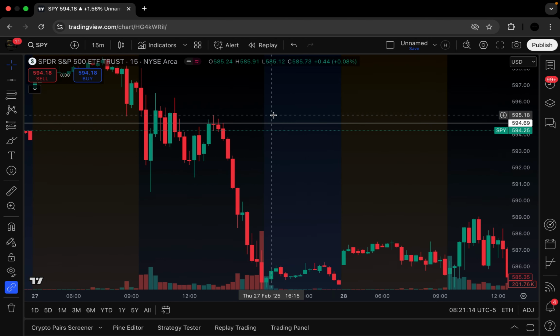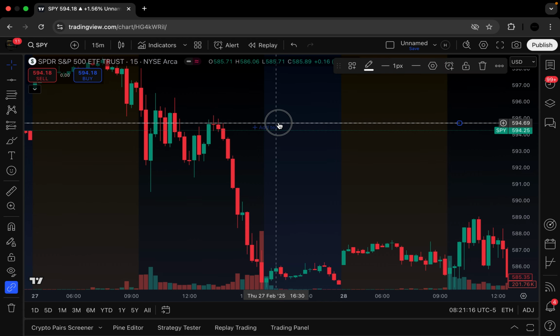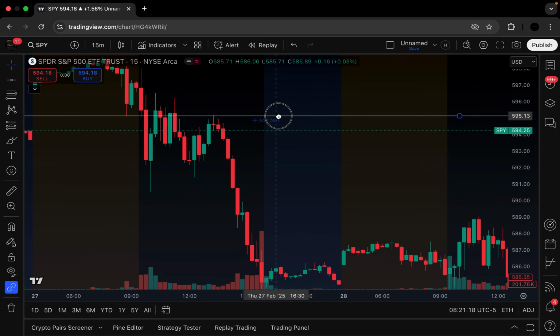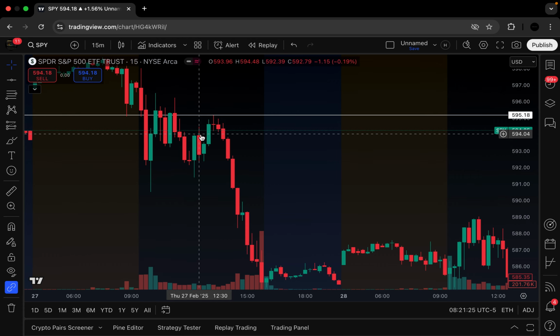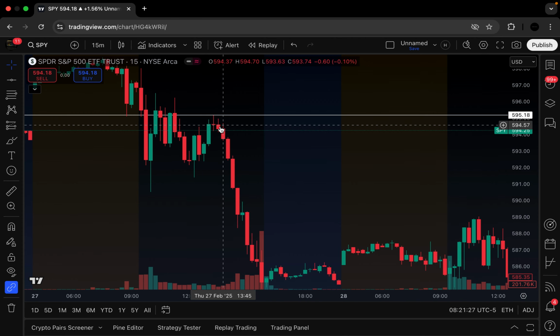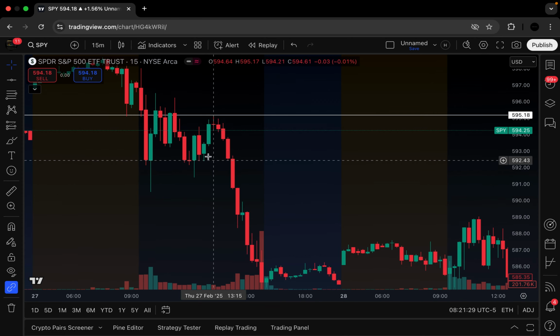So you guys can do this as well. You can use the wick as well. The wick is fine. I like to use the body because we have 1, 2, 3 body rejects, so that gives a little bit more confirmation.